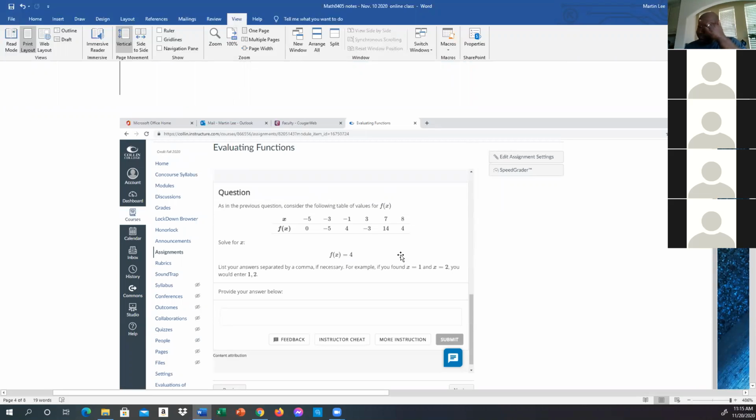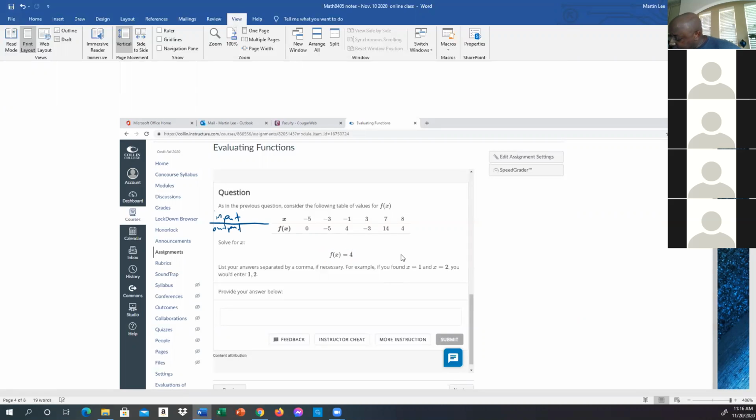Now for this problem, they give us the output value, f of x equals 4, and they want us to find the input value. So again, I'll just write input here, for all the x, and then output for all the f of x.